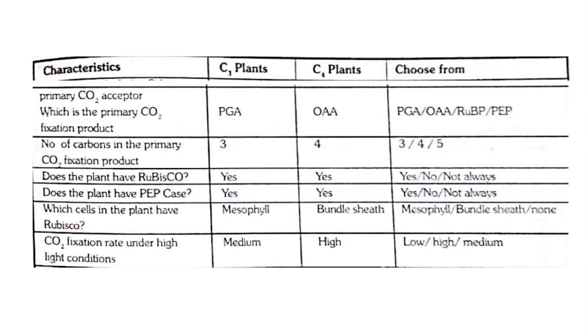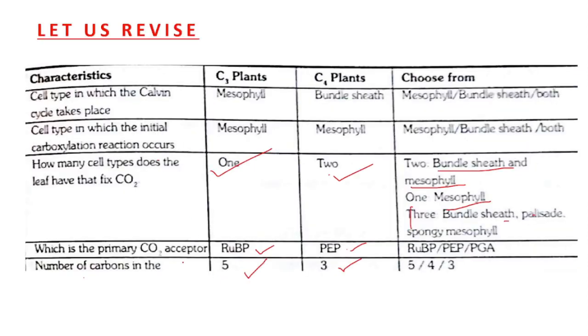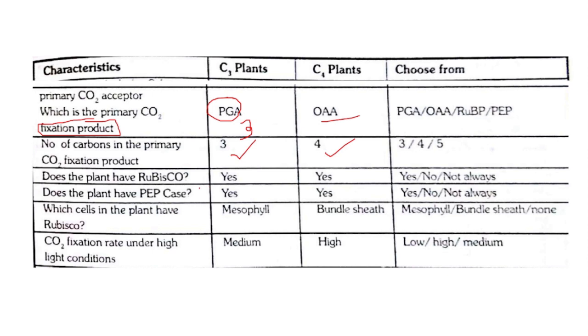Then the primary CO2 fixation product. There it was acceptor, here it is a product. So the product is PGA, 3 carbon atom, and OAA, the 4 carbon fixation product.